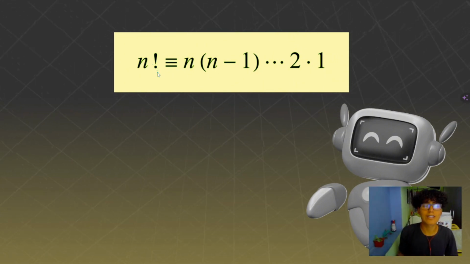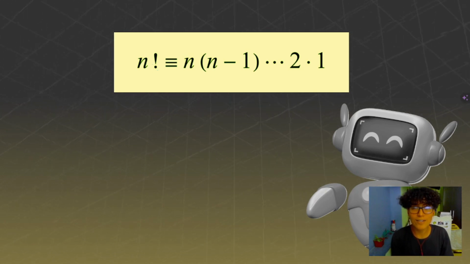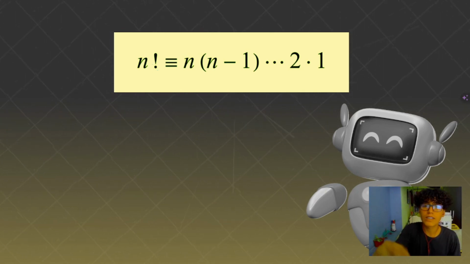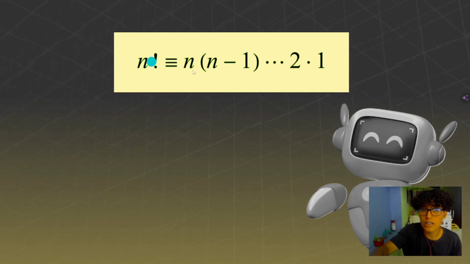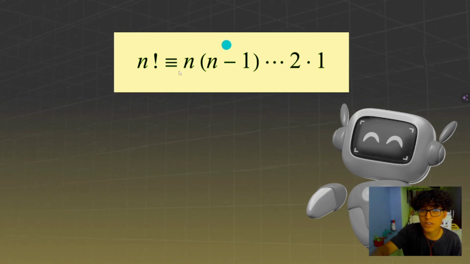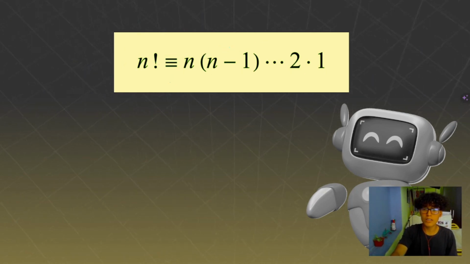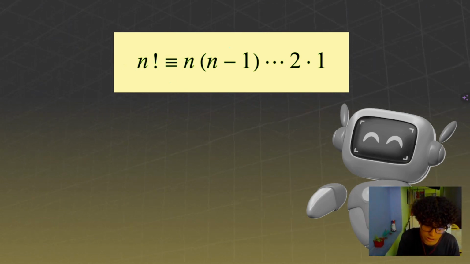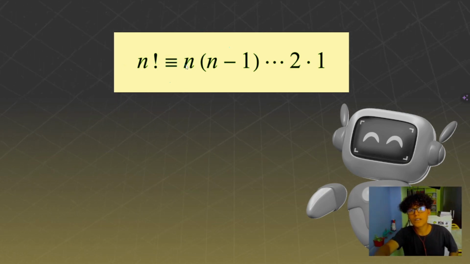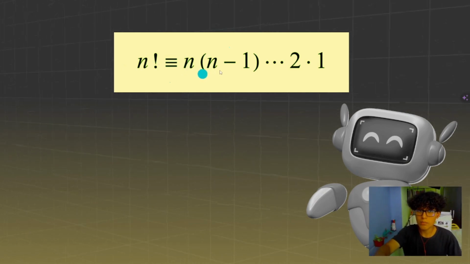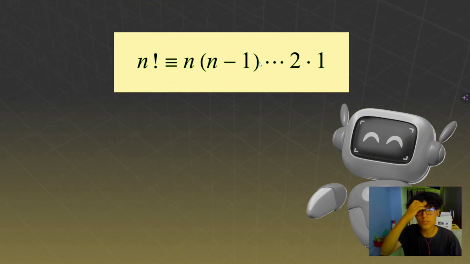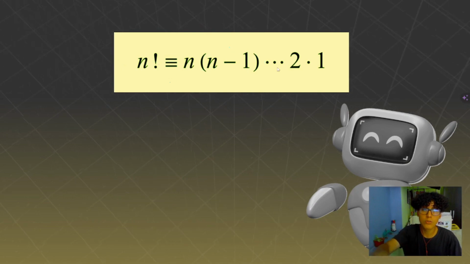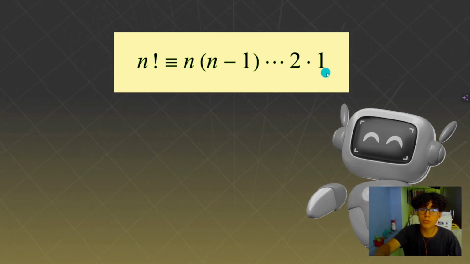It's not that we are just saying n, no, this is n factorial. It is n times n minus 1 times n minus 2 times n minus 3 times n minus 4, until it arrives at 2 and then 1.